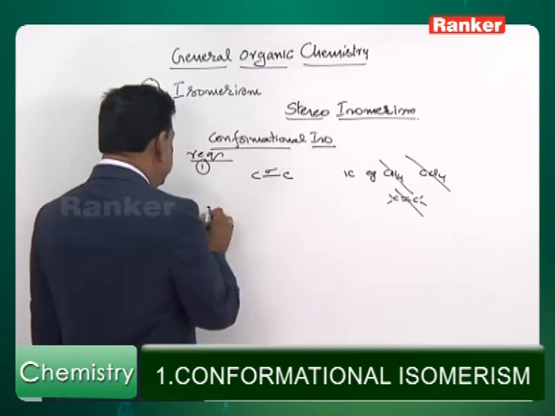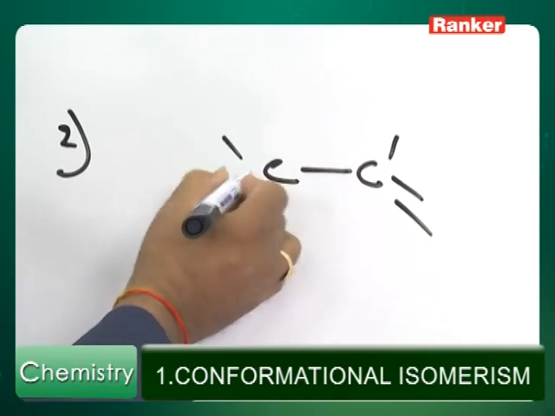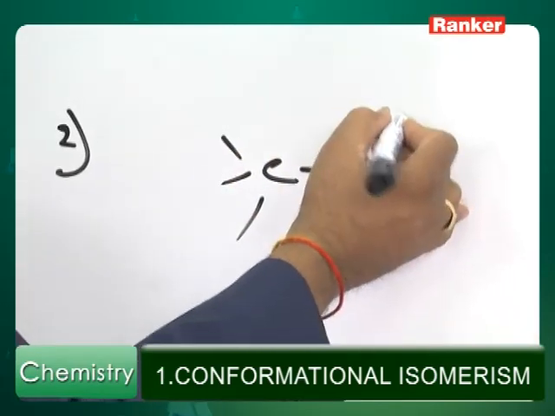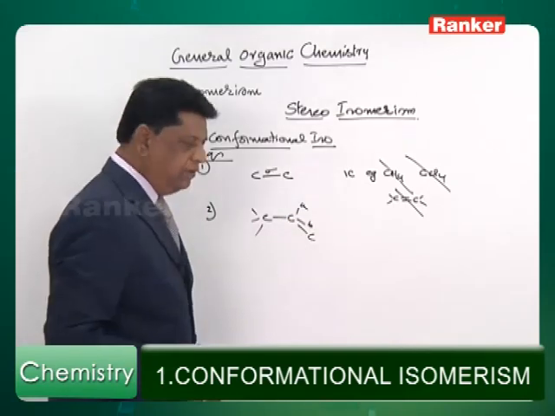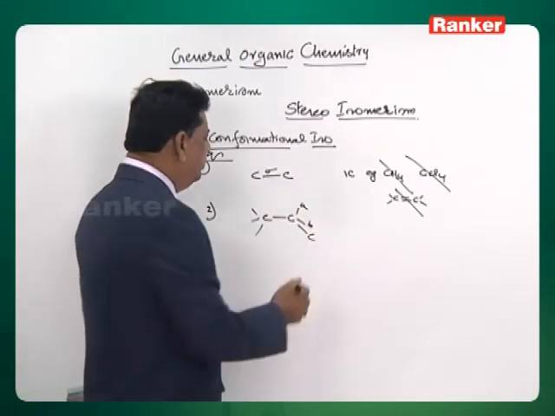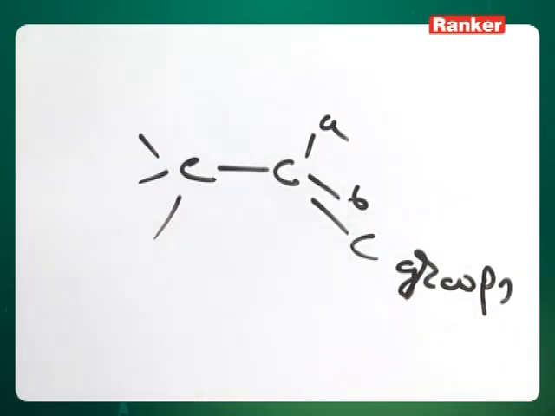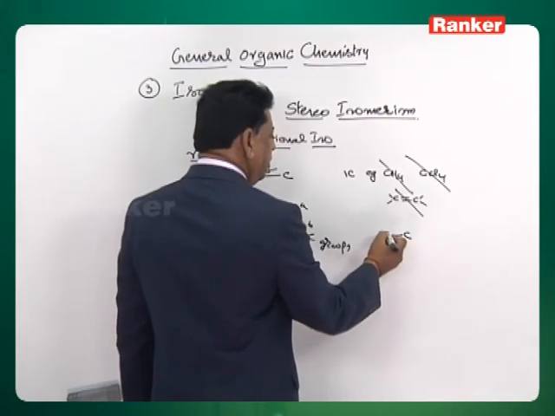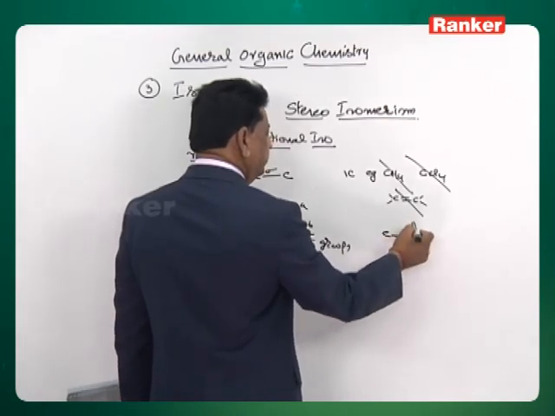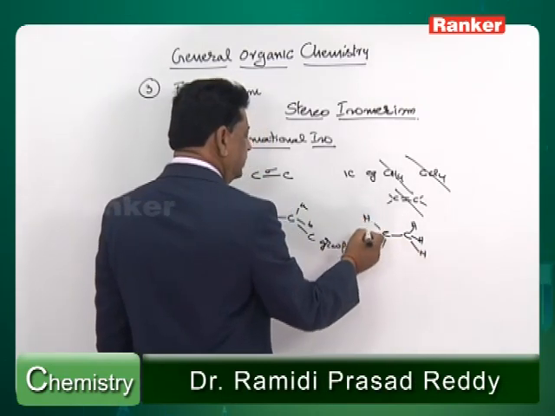And the second eligibility is not only the sigma bond, but there should be some groups, like some A, B, C, or all A, I do not have any problem, but some groups should be there. The groups do not necessarily mean functional groups. The minimum is hydrogens, all hydrogens. This is eligible: this side 3, that side 3.